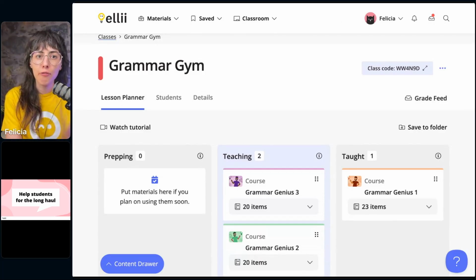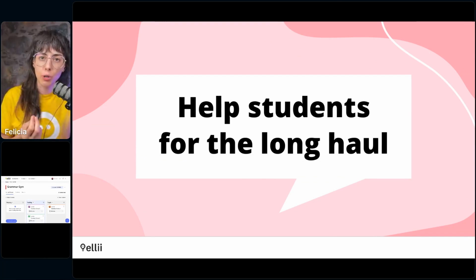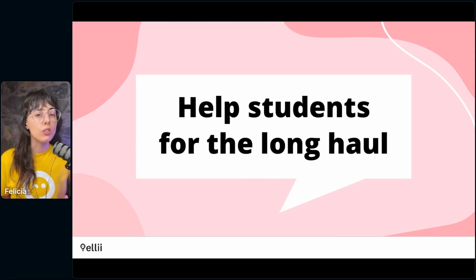I have found that all of the content that Ellii offers is really valuable in that it's super relevant to my students' needs and their areas of interest, and it's also trustworthy. I always trust Ellii's content.